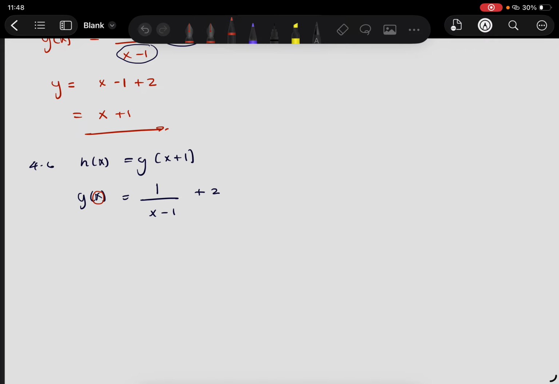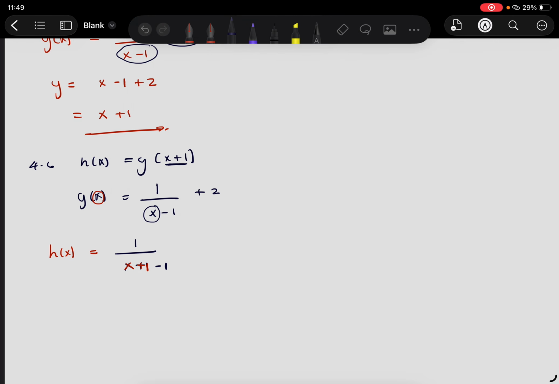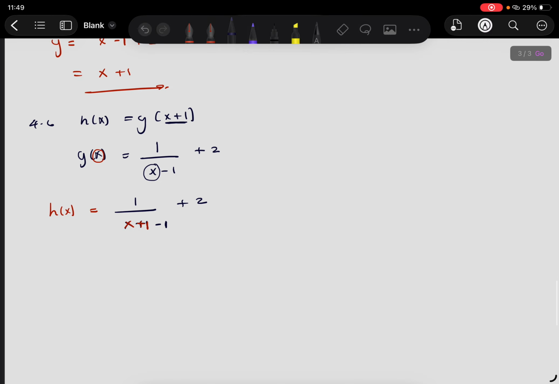That's what we would substitute. H of x is then your g of x as it is. So you'd have 1 over, and wherever I see x now, it will be x plus 1 here. Then I'll still have the minus 1. Let me just make this red so it shows the x plus 1 that's been added. And we still have that minus 1 from the formula, plus 2. So then my h of x is just 1 over x, plus 2.